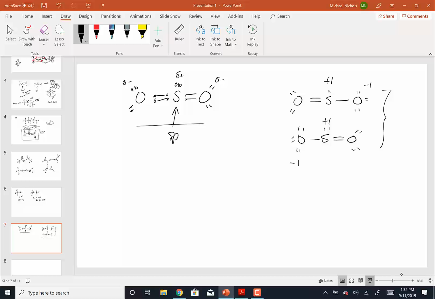So it's going to be sp2. It's got 1 lone pair and 2 sigma bonds. So that's sp3. Sorry. Right, it's sp2. 3 orbitals, sp2.